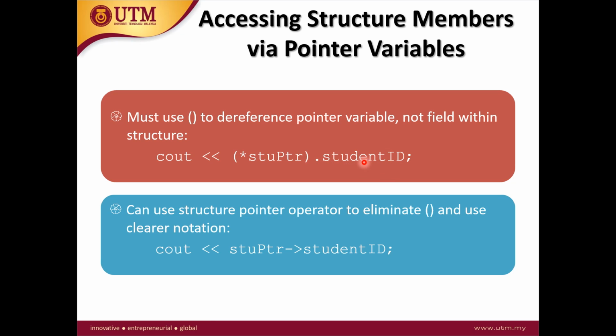So we got the student ID here, but without that we are only accessing the address of that parameter. And we can use it in this way: structure student pointer, and we can use this minus sign and this angle bracket, then the member of the structure.